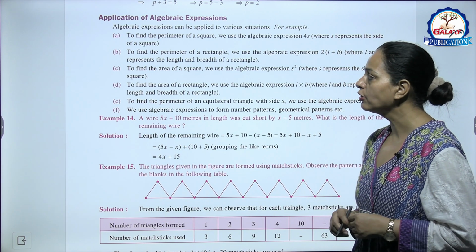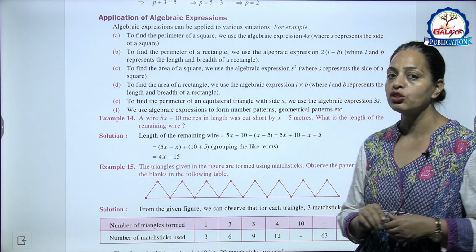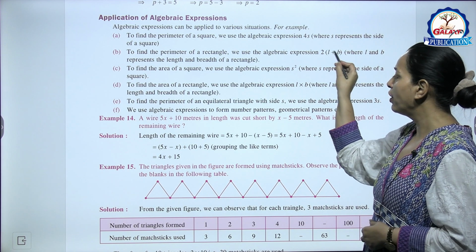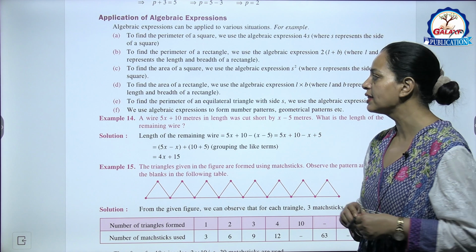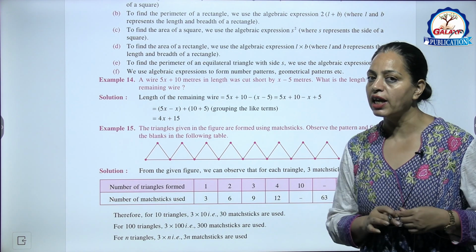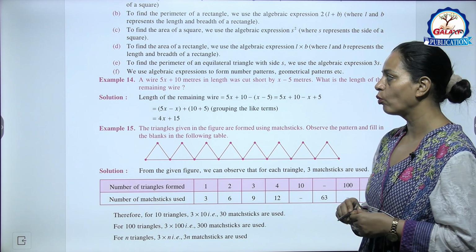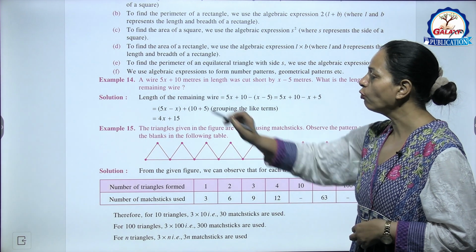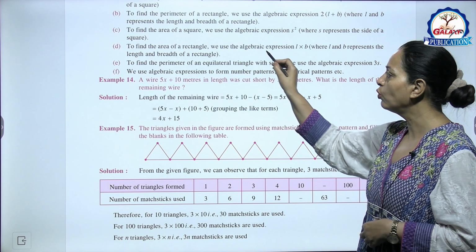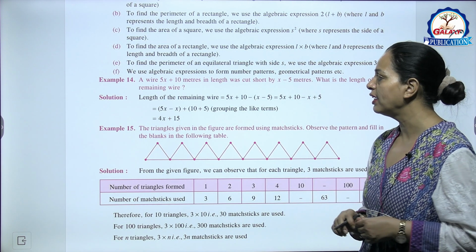B part, to find the perimeter of a rectangle, we use the algebraic expression 2 into l plus b, where l is length and b is breadth. C part, to find the area of a square, we use the algebraic expression s into s, side square, s square. Now D part, to find the area of a rectangle, we use the expression l into b, where l is length and b is breadth.